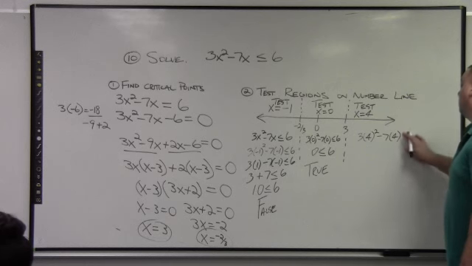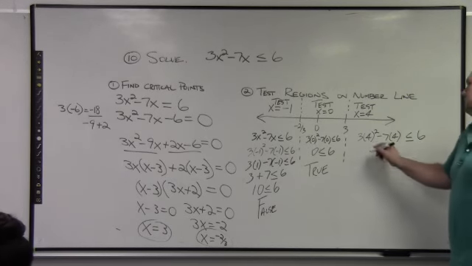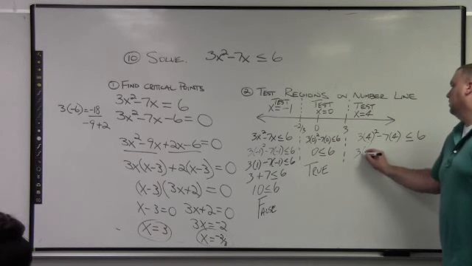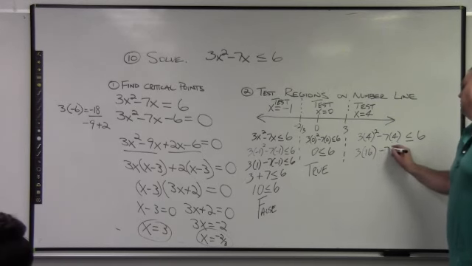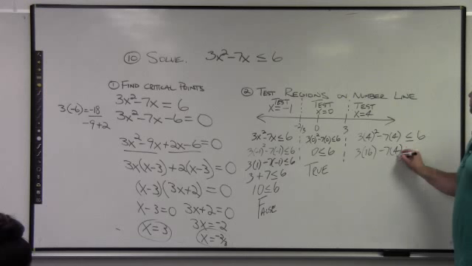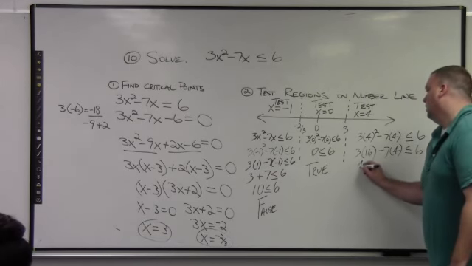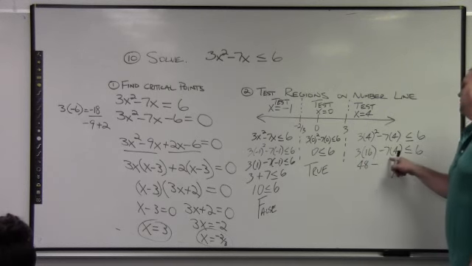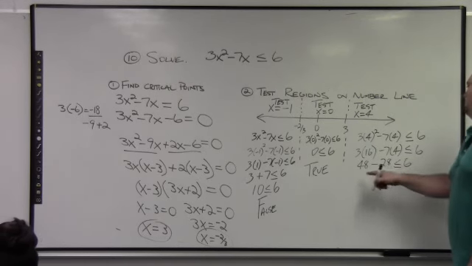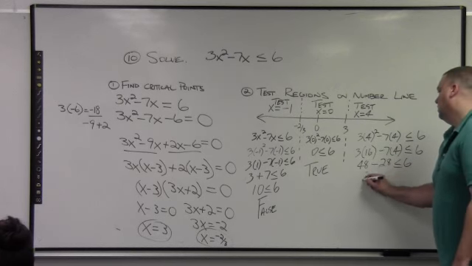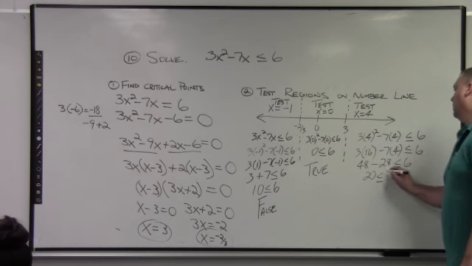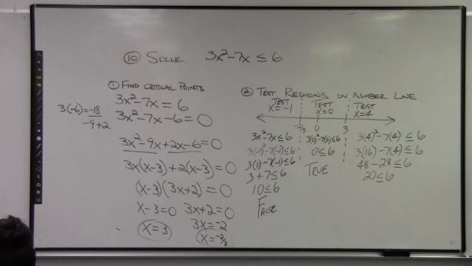So 4 squared is 16. 3 times 16 is 48. Minus 7 times 4, 28. 48 minus 28 is 20. So I'm left with this statement. 20 is less than or equal to 6. Oh. That's also false.